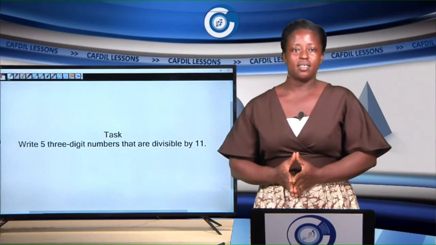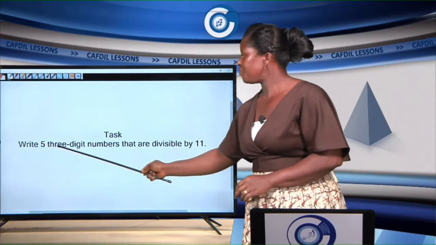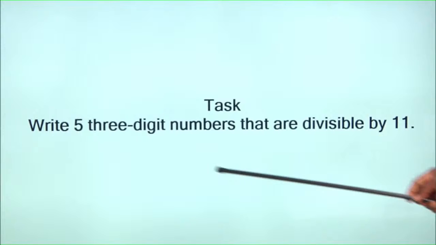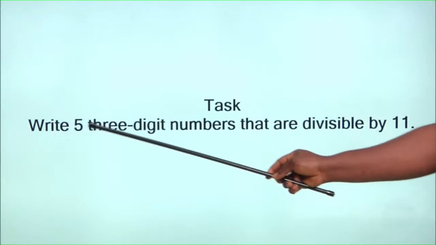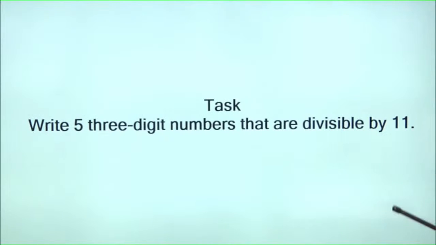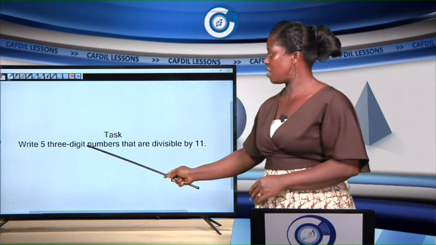Learners, this is your task. Write 5 three-digit numbers that are divisible by 11. It means you are going to write 5 numbers, and the digits should be 3.